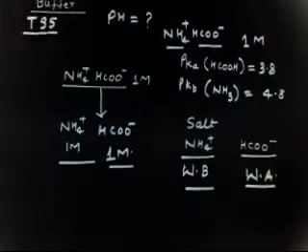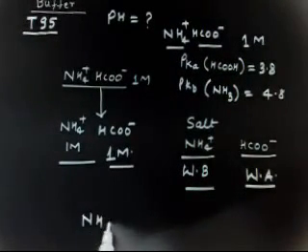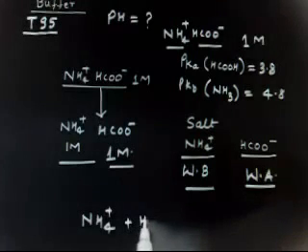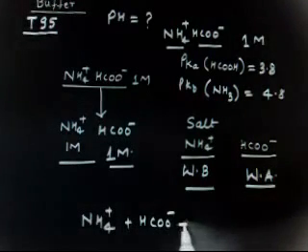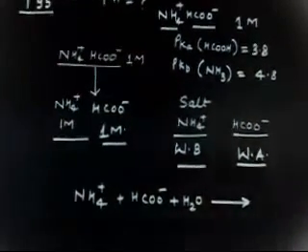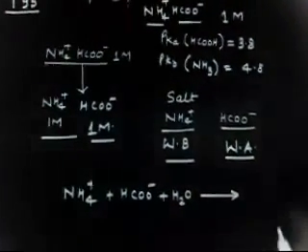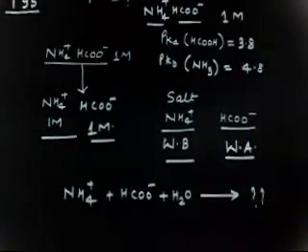This kind of problem we have already discussed. We can write NH4 plus HCOO minus plus H2O, and I will write the reaction. So first let us write two hydrolysis equilibria. Let me keep this as it is.